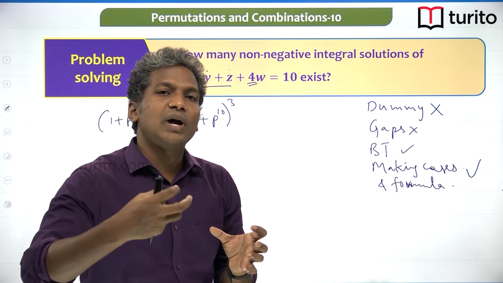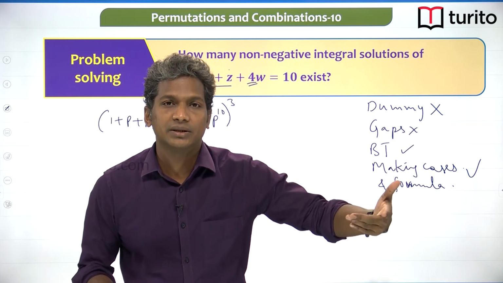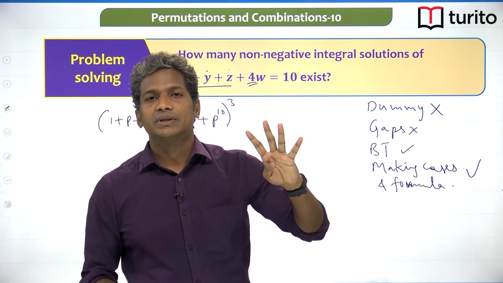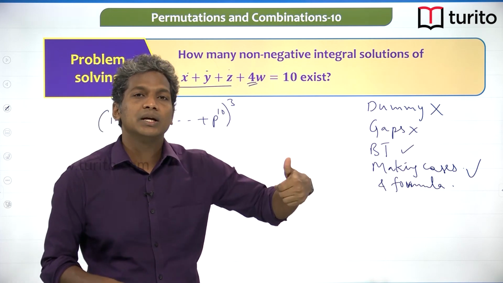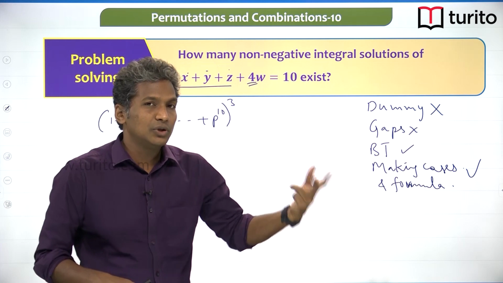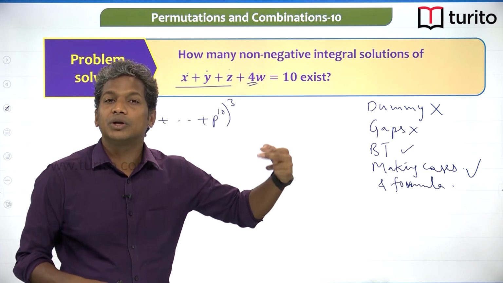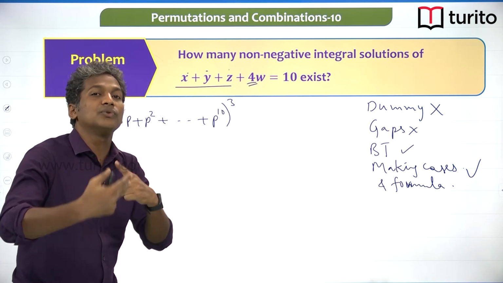Whenever w's value is taken, its contribution towards the summation is 4 times. If I take w to be 1, its contribution to the total is 4 into 1. If I take w to be 2, contribution to the total is 8. So there is always a factor of 4 there.